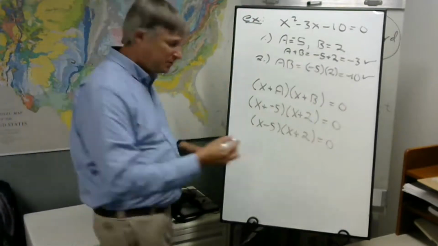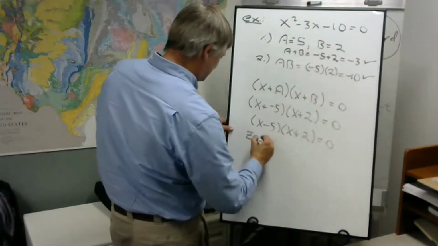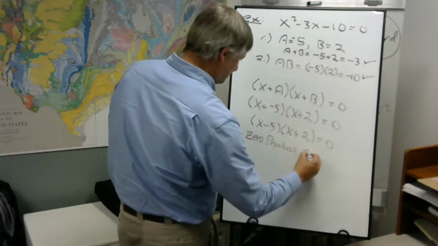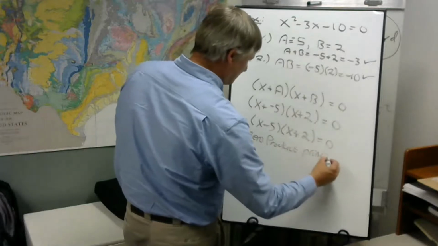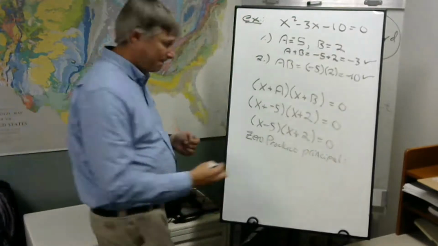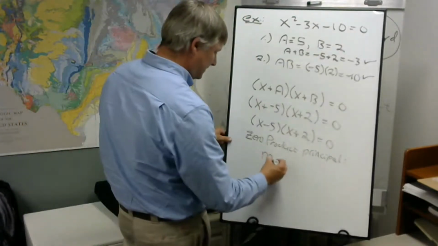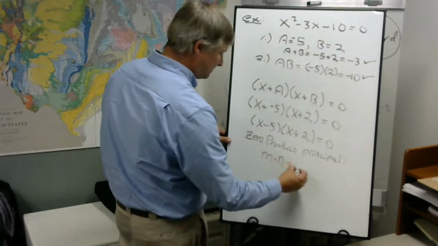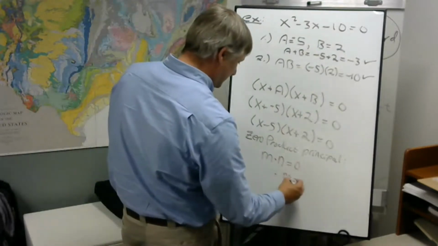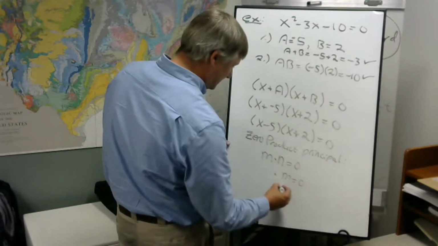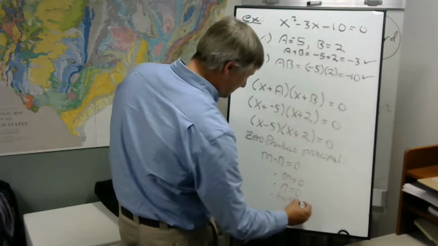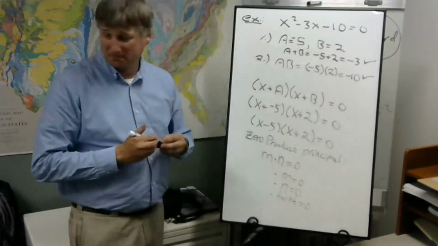So now we're going to use something called the zero product principle. And it works like this. If m times n equals 0, then m must be 0, n must be 0, or both could be 0.